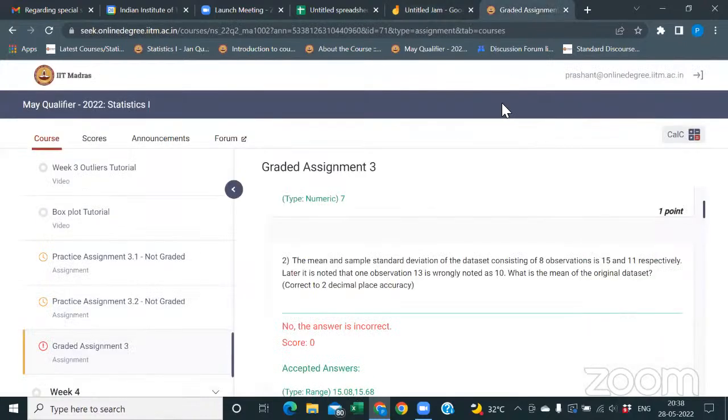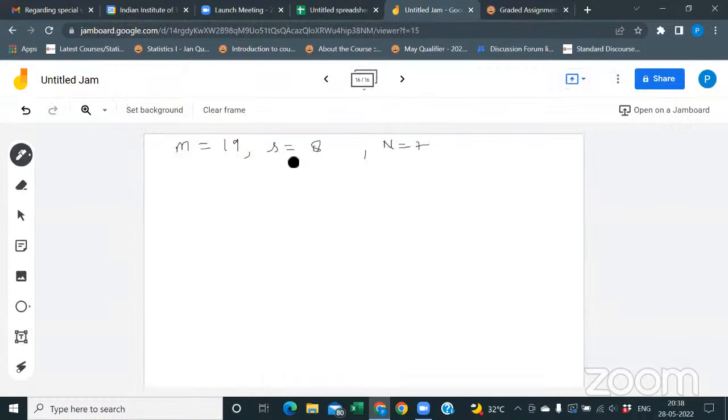What is wrongly noted? Sir, 17 is wrongly noted as 14.